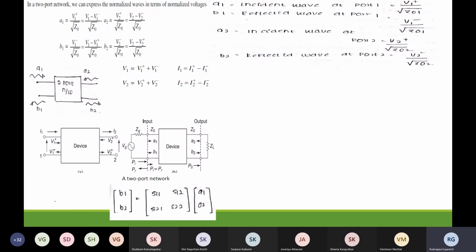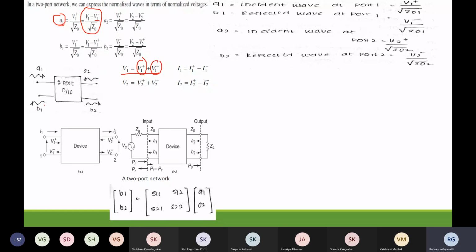If I have to represent this in terms of reflected parameters, then V1 minus V1 plus is equal to V1 minus. So I can represent A1 even in this form: V1 minus V1 minus divided by square root of Z0.